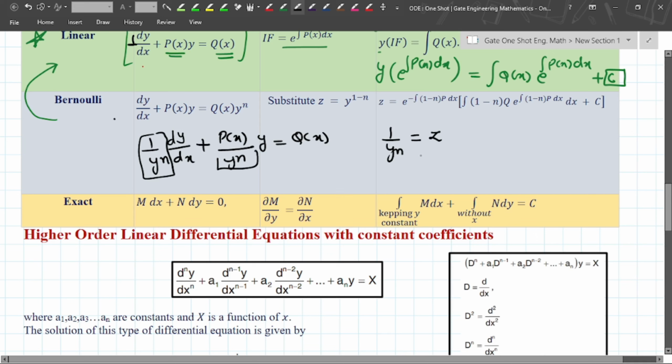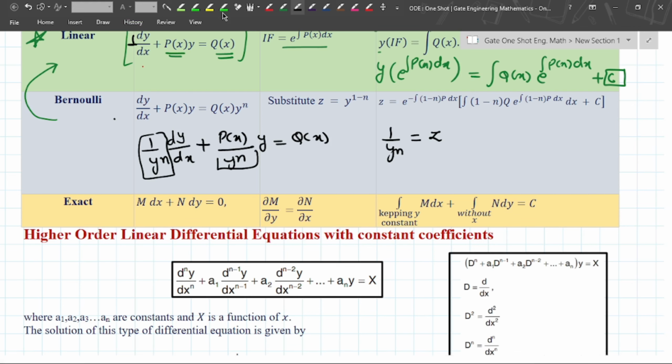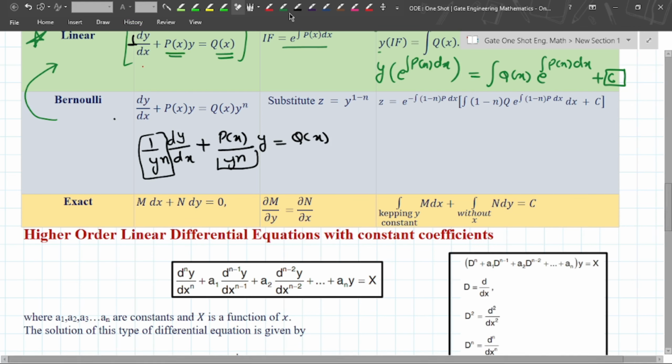Okay, so y upon y power n is something z, or it is nothing but y to the power 1 minus n is something z.